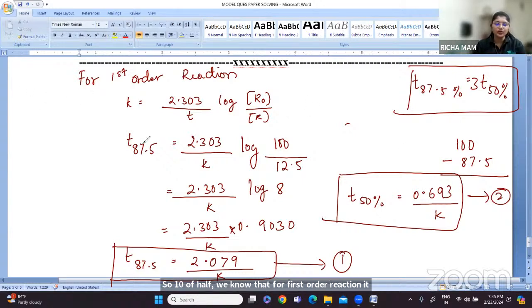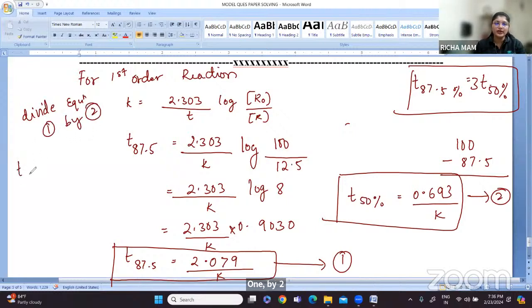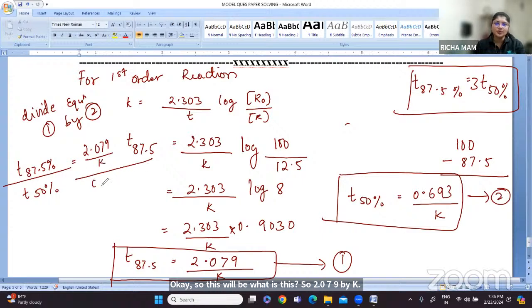Now we'll divide equation 1 by equation 2. So t 87.5% divided by t 50% is 2.079 by k divided by 0.693 by k.